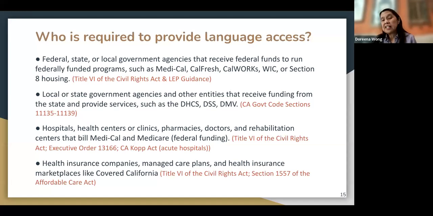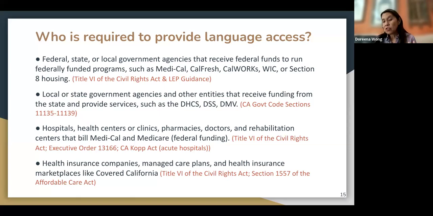So it says that any state agency or any state-funded agency and local agency or entity that receives funding from the state and provides services is also covered under this language access requirement, such as Department of Healthcare Services, Department of Social Services, and local county health departments or departments of public health.